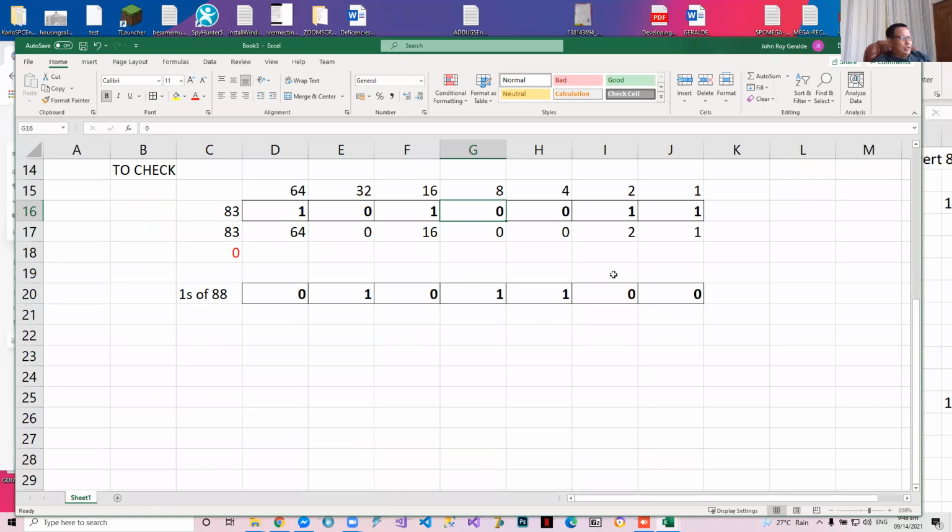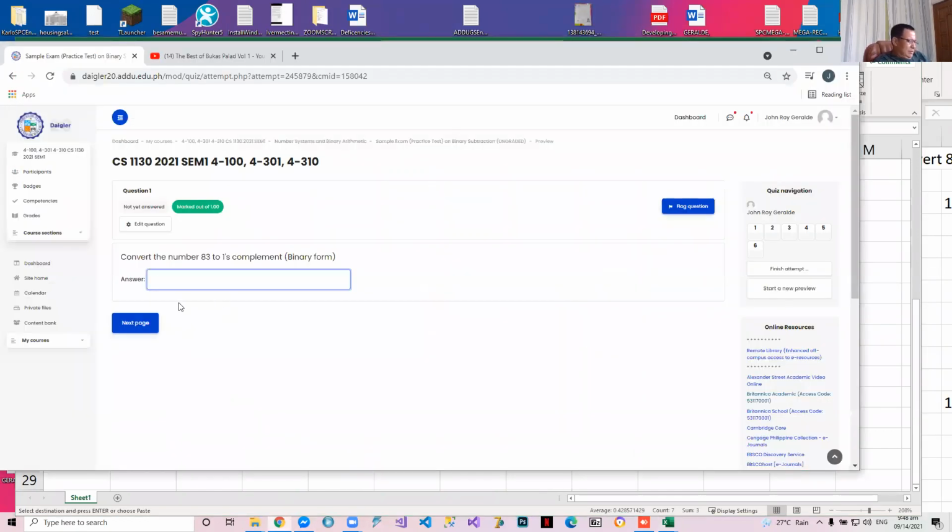So we have 2 solutions, the same answer. Any questions so far? So this is our answer. We copy this and paste this to our Dagler, we remove the spaces, okay? Because Dagler will mark this wrong. Okay. Any questions so far?